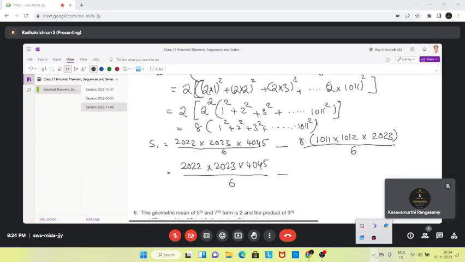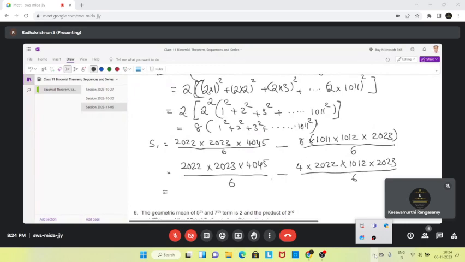So 8 into 1011, I can write as 4 into 2022, into 1012 into 2023 divided by 6.